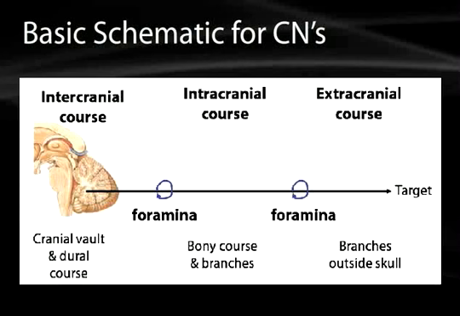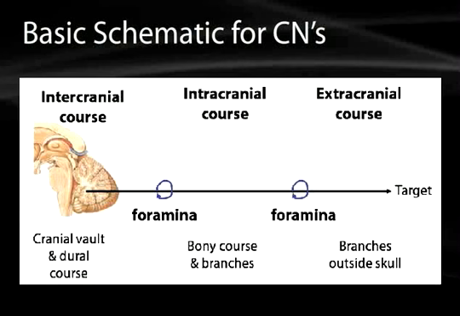It's important as you review these cranial nerves and bring them back fresh in your mind, try to tell a story about what you know from each one. Try to cross borders between courses even, and start thinking about the neuroanatomy so that you can tell a component of that story with it as well. I like to think of them as having an intracranial course, which will be the cranial vault, dura.